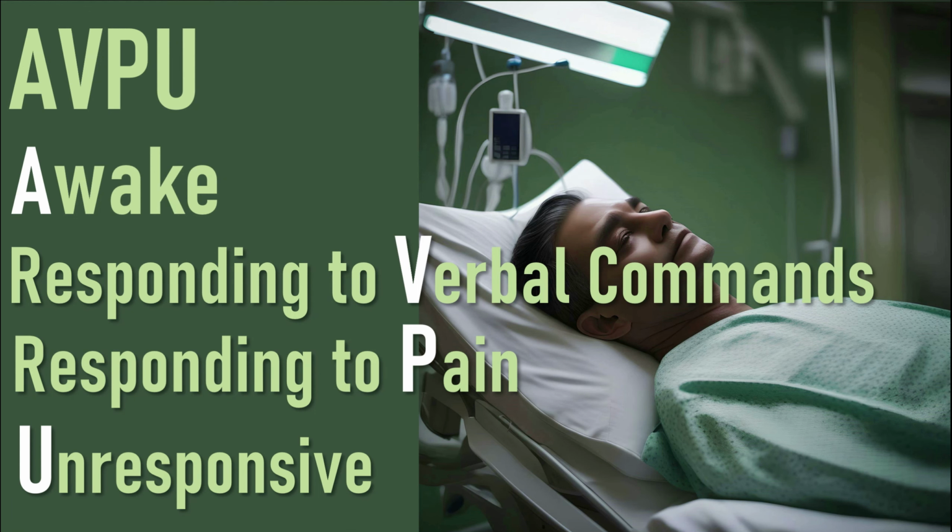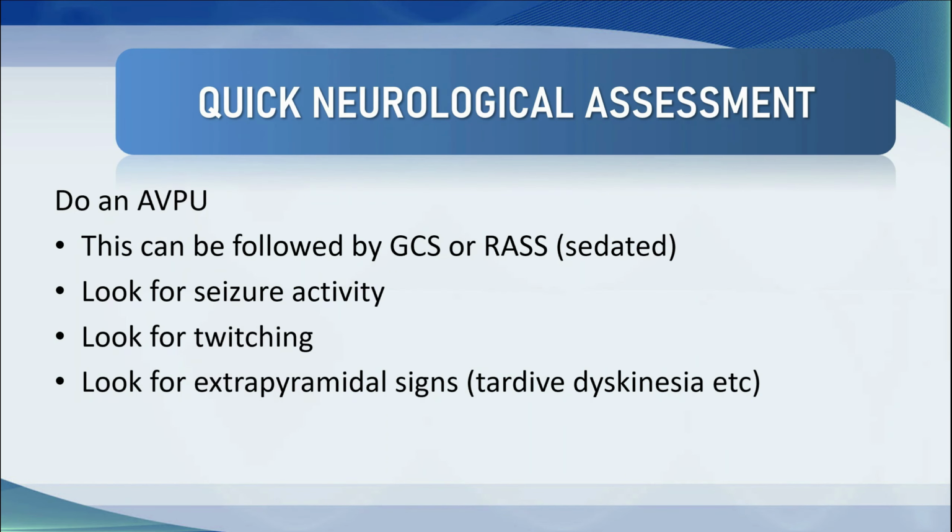Now, you can clarify this subsequently by either following the Glasgow coma score or if the patient is sedated using the Richmond agitation sedation score. The other thing you should look at when you're doing a quick assessment of them neurologically is to see if they're twitching or seizing or if there's extrapyramidal signs, and you'll see this on the face.